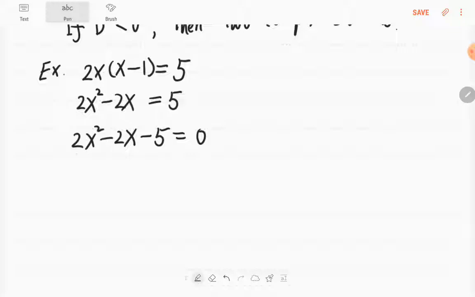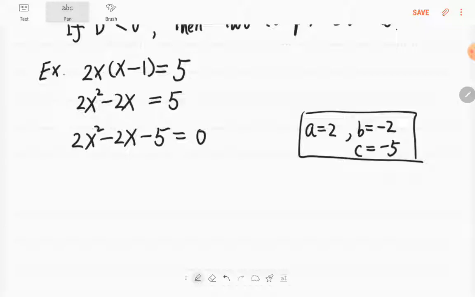Here our a equals 2, b equals negative 2, and c equals negative 5. This is our standard form, ax squared plus bx plus c. Now we want to use the quadratic formula.